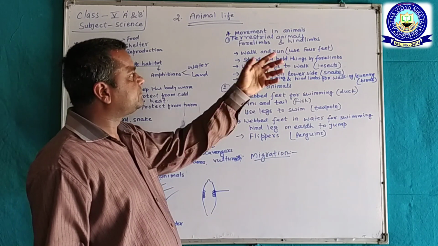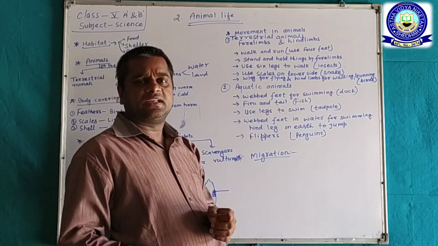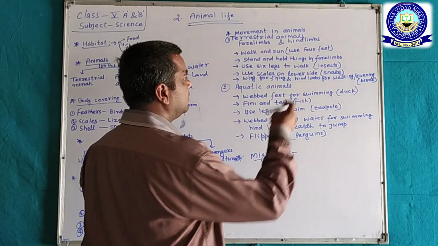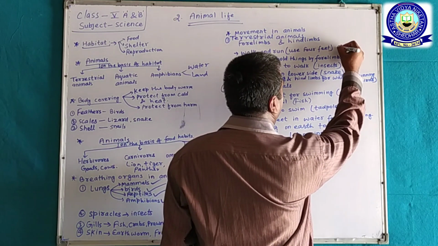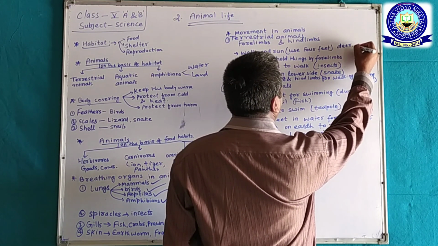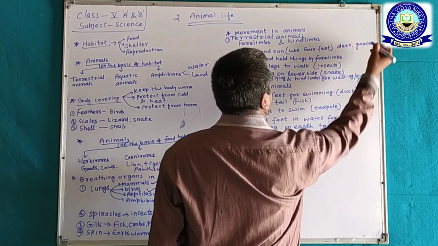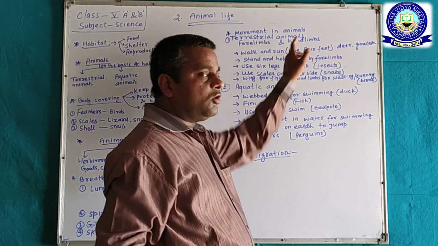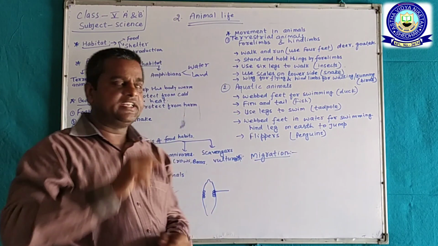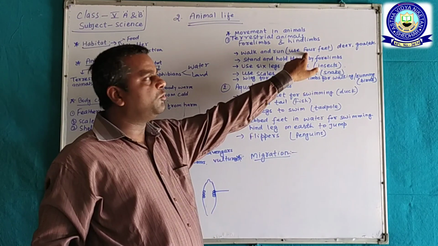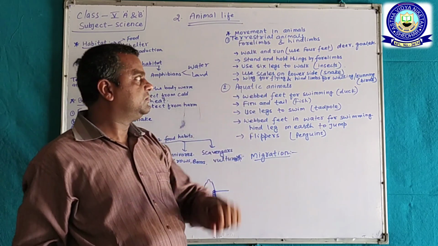In case of animals like deer, goat, buffalo, cow, etc., all those animals use four feet to run or walk.